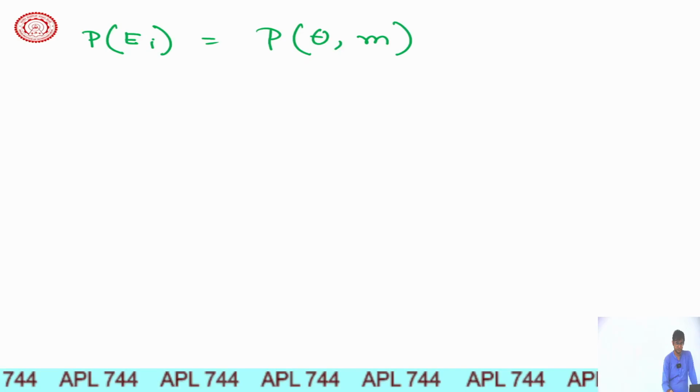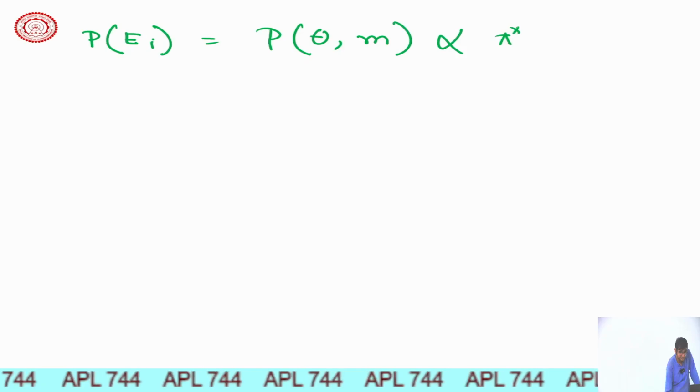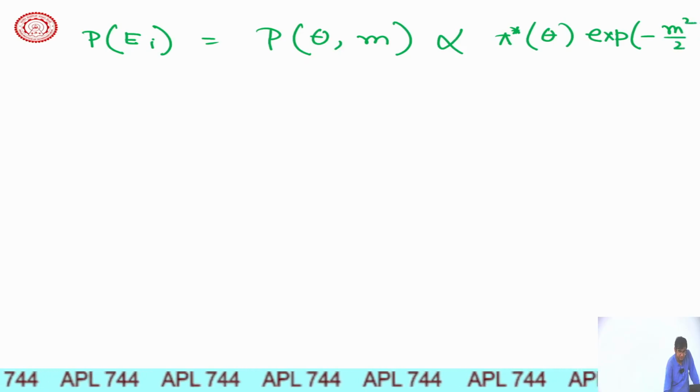P of EI, which for all practical purposes is P of theta comma m, because that's what EI is a function of, is proportional to pi star of theta multiplied by exponential of minus m square by 2.